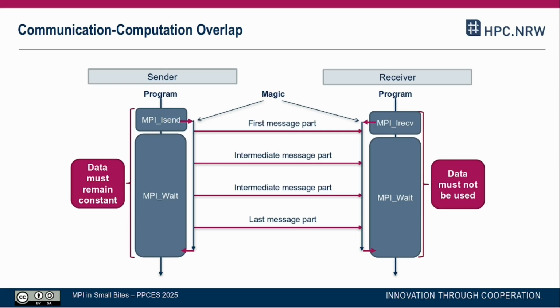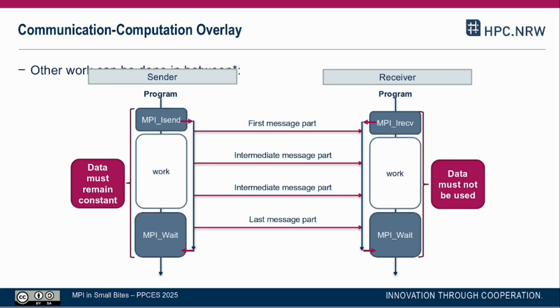If you're not doing anything in between, it's the same as the corresponding blocking call. But now you could put some work in between, and work can be another MPI function as well. Now this becomes more important: while you're in between those two calls, you're not allowed to touch or modify any of the buffers that you provided to the MPI function.